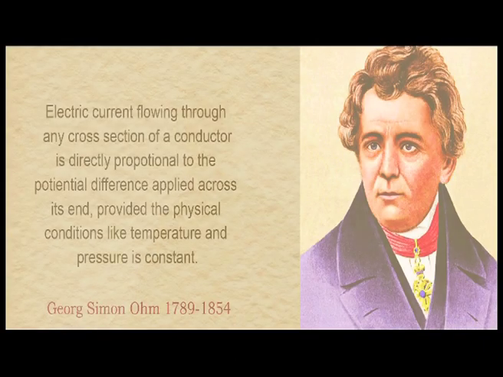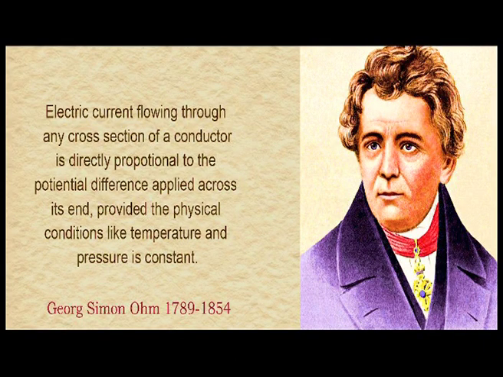Okay, to conclude, let us look at some key points once again. In the first section, we looked at the relationship between current, voltage, and resistance, which is summed up by Ohm's law. According to Ohm's law, the electric current flowing through any cross-section of a conductor is directly proportional to the potential difference applied across its ends, provided the physical conditions like temperature and pressure are constant.